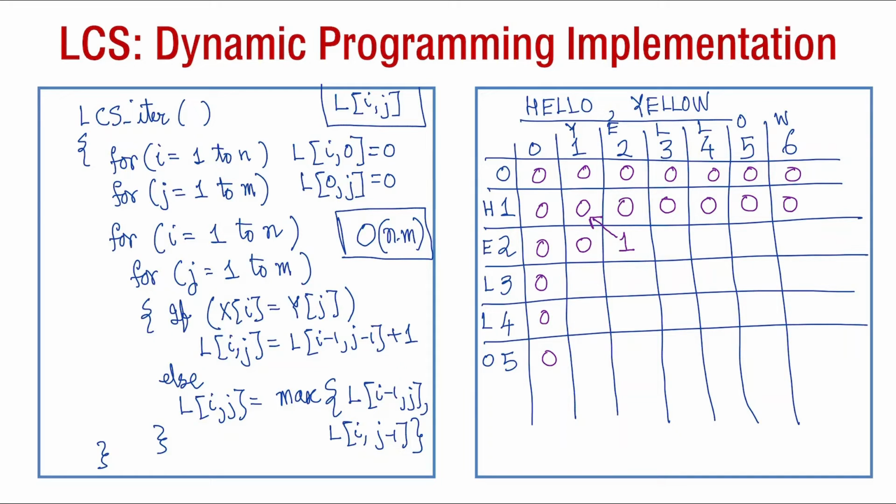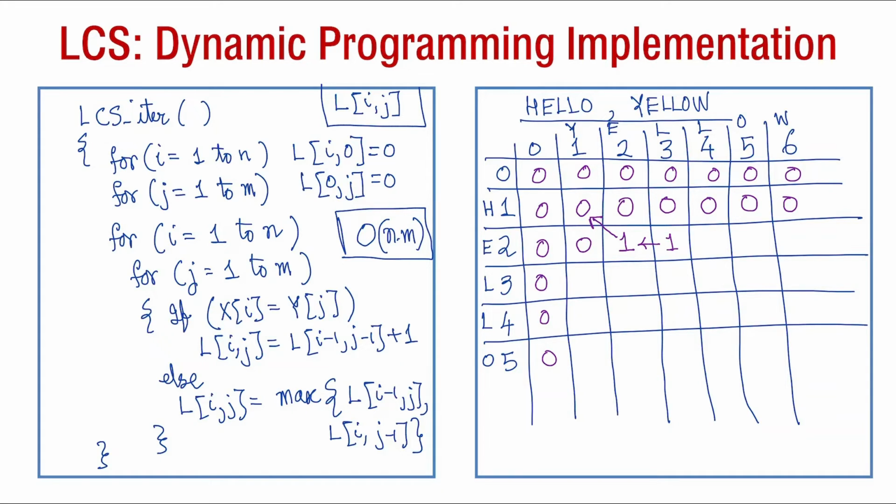Next, the next row will again have E does not match with L, so the diagonal will not be taken. So it will be taken as the maximum of either the same row left one or the top element, and we see that we will get 1, and we mark it out which one. And this marking we can do as a separate marker.